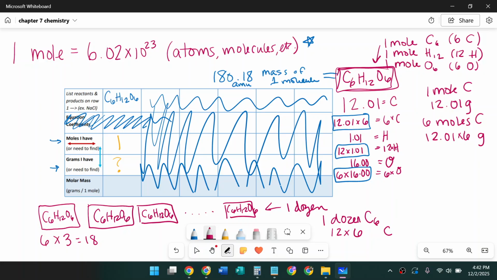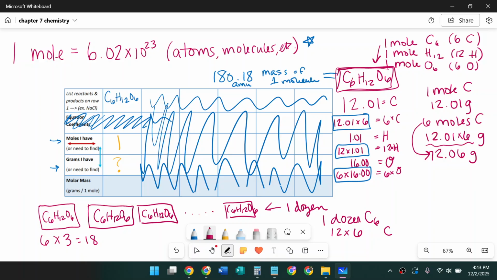So when I use the periodic table to find that 1 mole of carbon was this, and 6 moles of carbon is that, that means this number right here, which is 72.06, that's how many grams are in 6 moles. Okay?